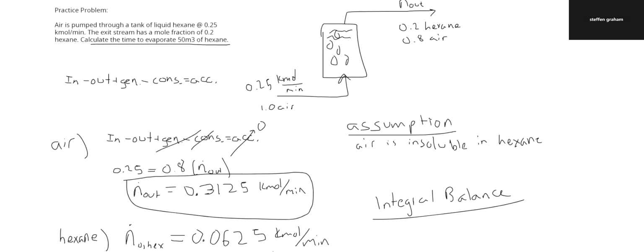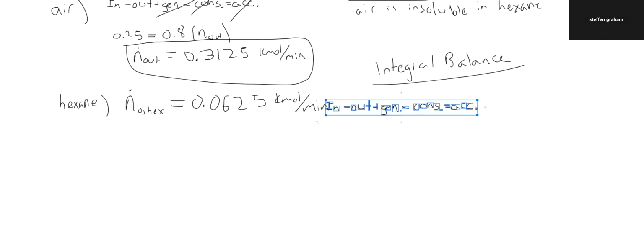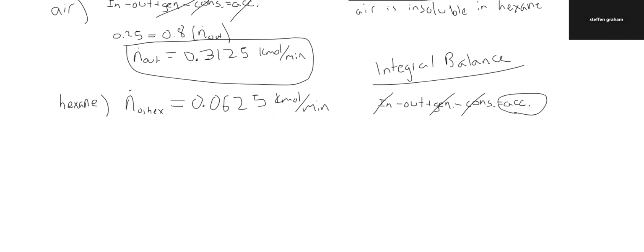I will bring down our general mass balance equation and show you what's going on behind the scenes. Here we have no in term. There's no generation, there's no consumption because we have no reactions, but we do have an accumulation term. Again, it's not really accumulating, it's more like depletion, but still it's how the mass of the system is changing with time.